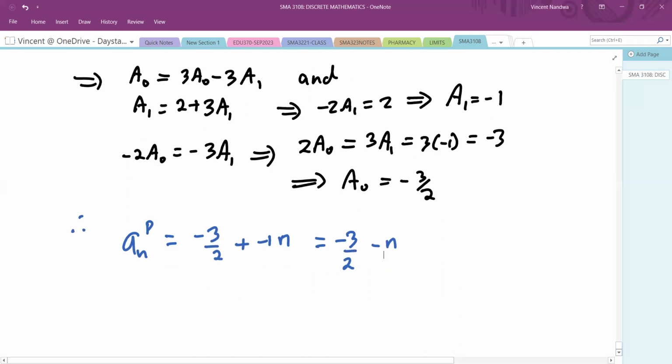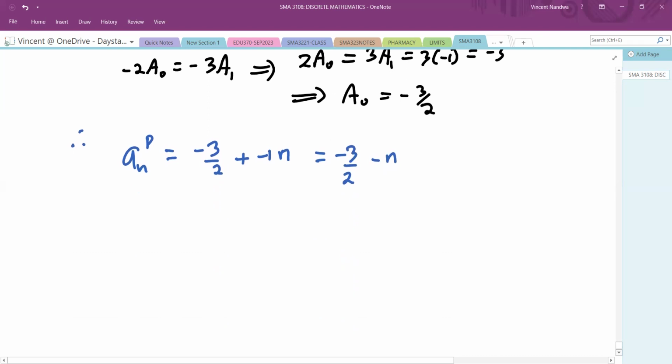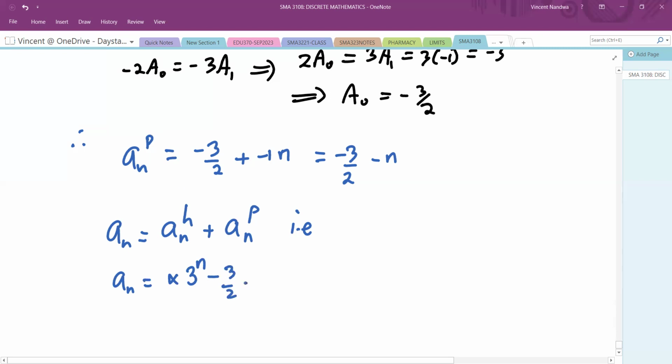And from the theorem on how to present the solution for the non-homogeneous equation, we know that the general solution is given by the homogeneous solution plus the particular solution. So the general solution a_n will be alpha times 3 power n, plus a_n^(p), which is minus 3 over 2 minus n.